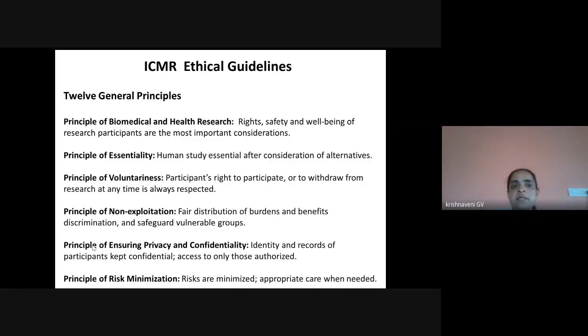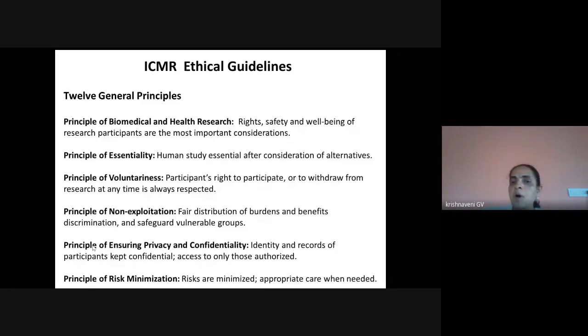The second principle is the principle of essentiality. Unless the researcher is utterly convinced that this research is most essential to improve the human conditions over and above whatever knowledge already exists, that research shouldn't be considered at all.